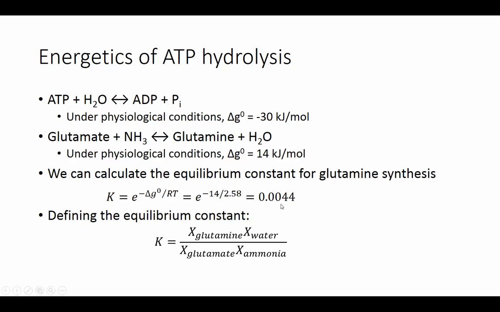So very few molecules of glutamine would be made. Again, giving props to the fact that this is a very unfavorable reaction on its own. So we need to couple it with something in order to get a little more glutamine here. The cell needs more glutamine.